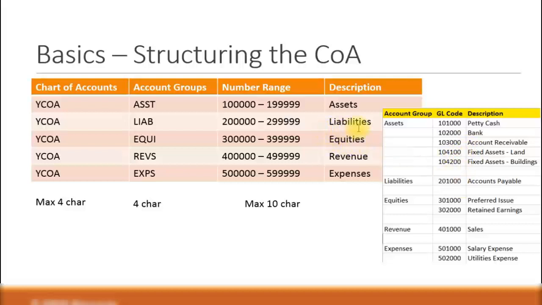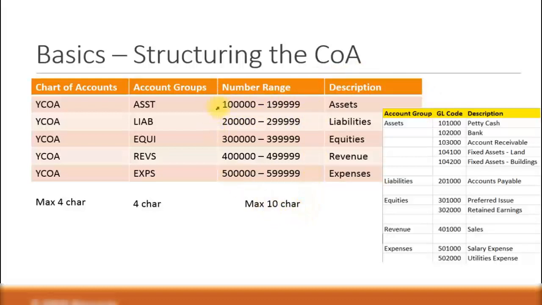Similarly, for liabilities, I have given the account group LIAB with a number range of 200000 to 299999. And I can create a liability account starting with the 2. So the account groups control the number range. So the number range controls what GL accounts can be created within this range.